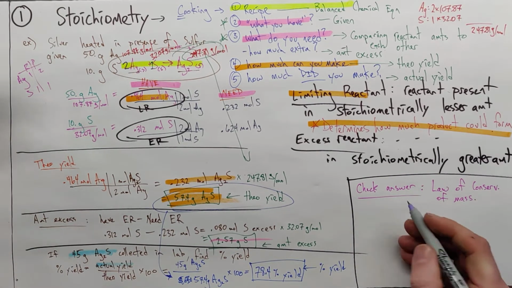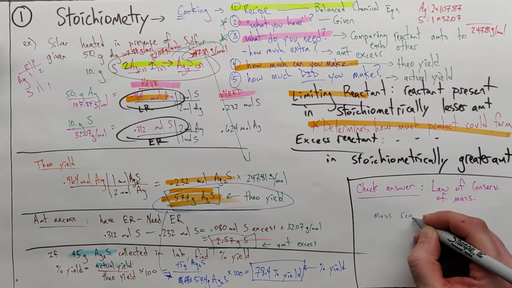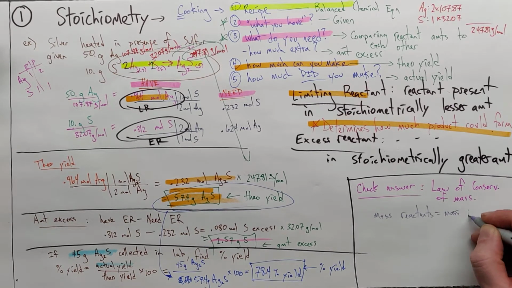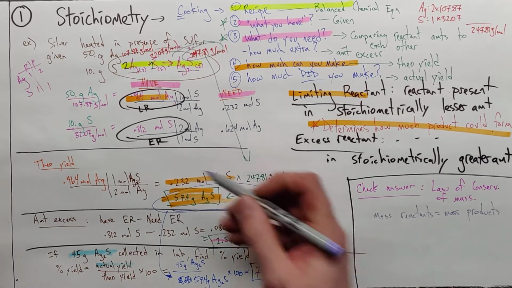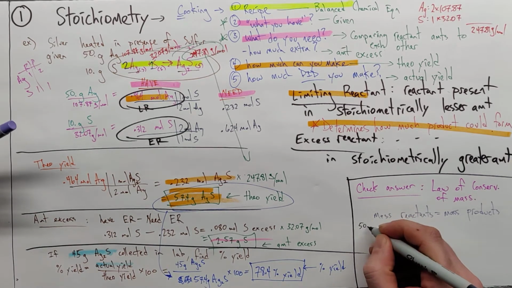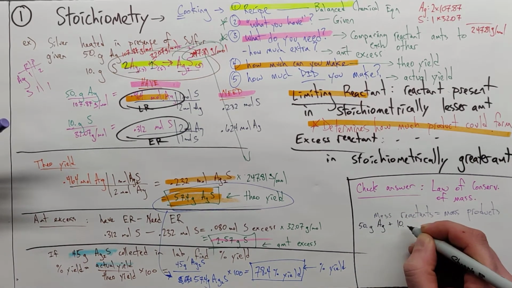So if we look at the law of conservation of mass, our mass of the reactants has to equal the mass of the products. And so in this particular case, we had 50 plus 10. I'm going to write out more words here than I really want to, but we had 50 grams of silver and 10 grams of sulfur.